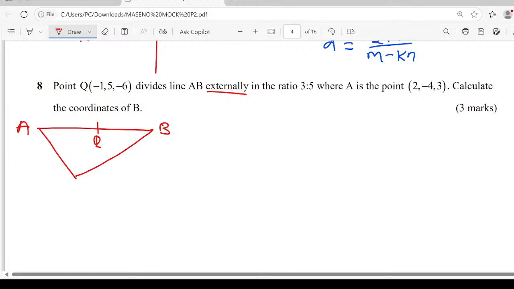For us to get the coordinates of point B, first I should be able to get OQ. So OQ, if I treat this as my origin, how do you calculate OQ? So if you have 3:5, the line AB, that will be external division.